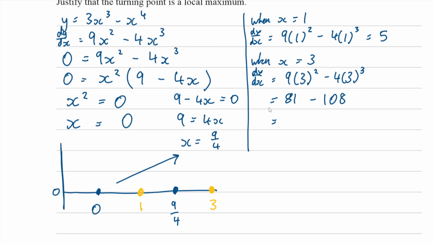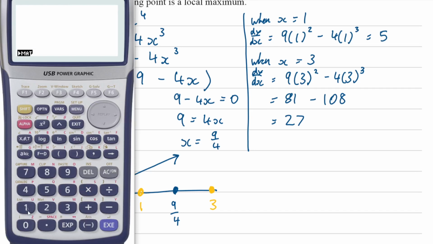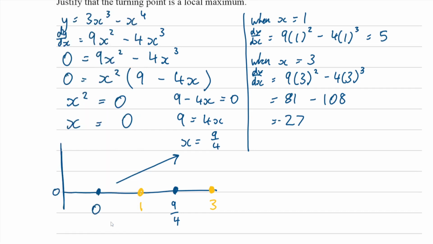Oh gosh, it's too early in the morning. That's what our calculator is for. Never be ashamed to use your calculator to check. Oh yeah, minus 27, duh. That's why you check. Cool. So that tells us the gradient at 3 is negative.